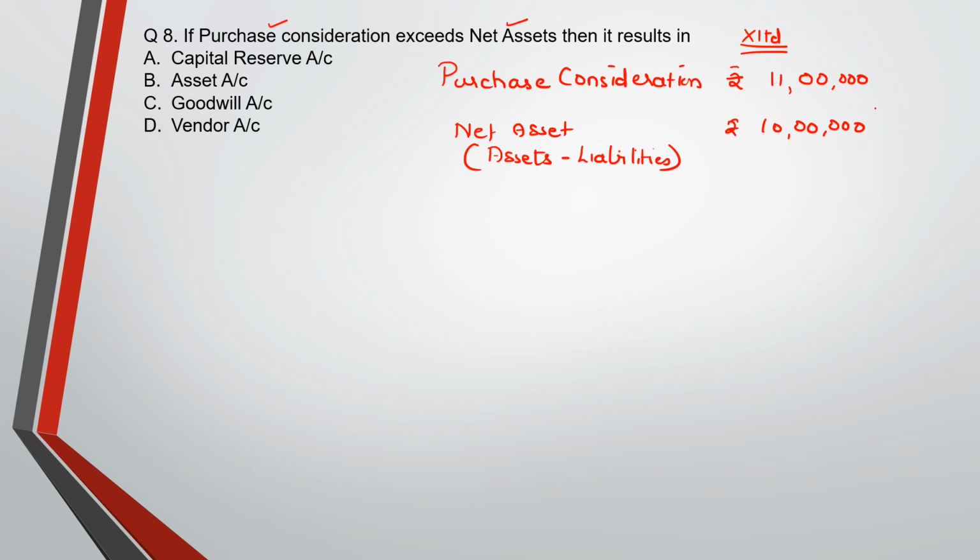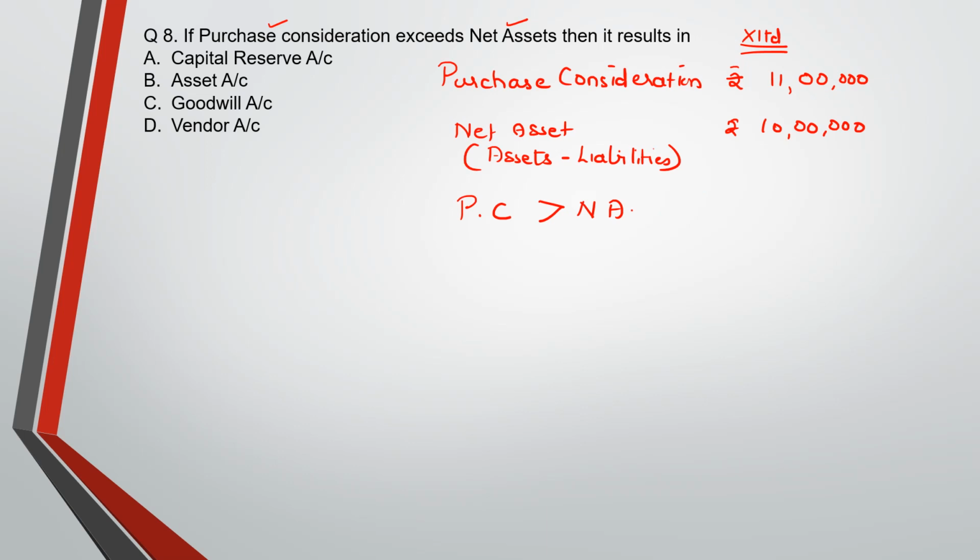But for this 10 lakh worth of business, if the purchaser is ready to pay 11 lakh, then there is a case where the purchase consideration is exceeding the net asset. 11 lakh is being paid to acquire 10 lakh worth. And why is this 1 lakh extra being paid?